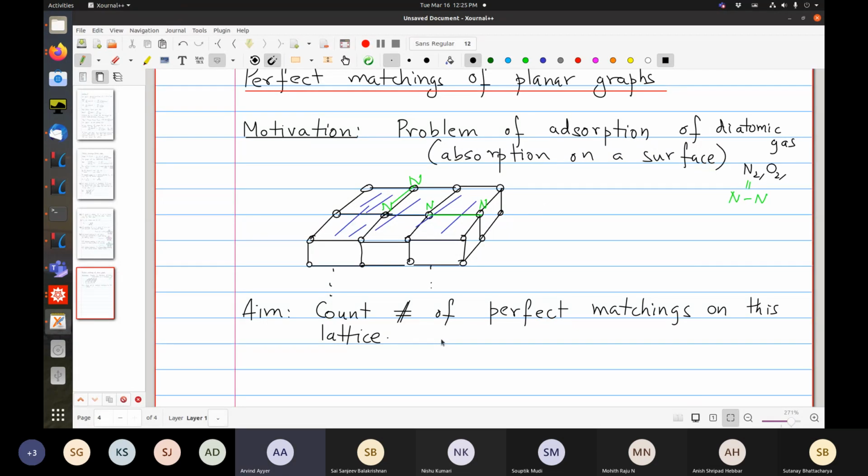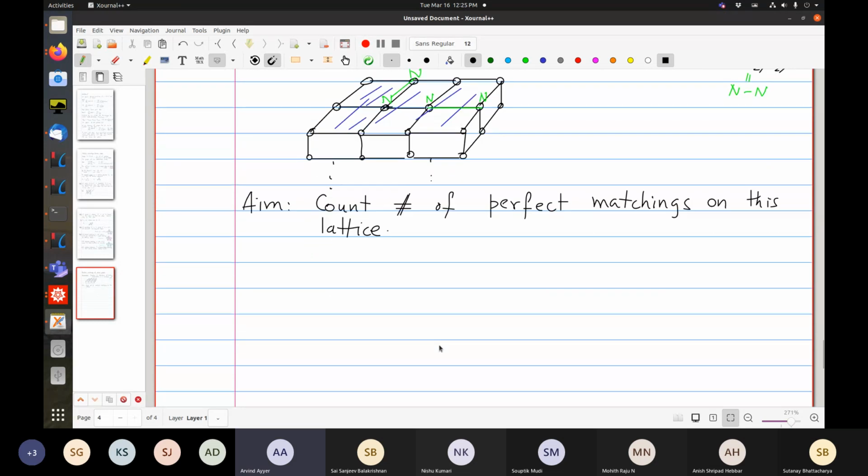Okay, good. But one can do something more general, so let me define that.